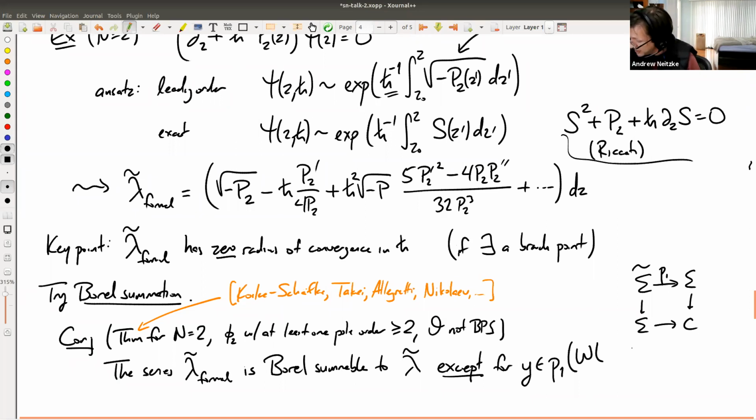And the statement is that you can Borel sum this series almost everywhere, but not if you happen to lie on one of the lines of the spectral network, or the P1 of the spectral network, where theta is taken to be equal to the argument of Hbar. So the way the Borel summation works is for any value of Hbar, you can try to Borel sum to get the value of the function at that point. And whether you'll be able to do it or not depends on the spectral network, but particularly the spectral network whose phase is the argument of Hbar.